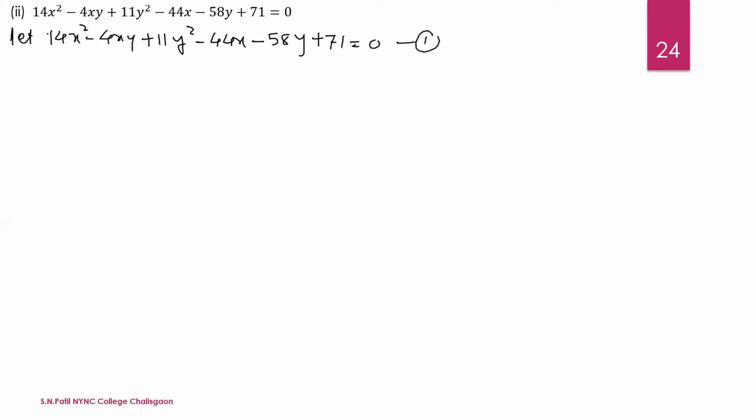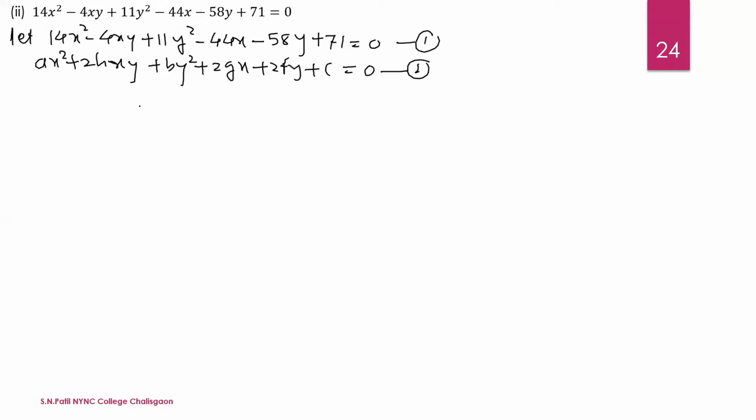Say equation number 1, and the general equation is ax square plus twice hxy plus by square plus 2gx plus 2fy plus c is equal to 0.